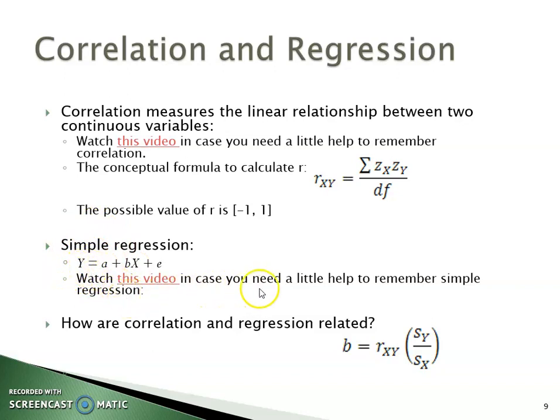And because regression is built upon correlation, the regression coefficient is related to the correlation between your dependent and independent variables. Here's the formula that shows as long as you know the correlation between the two variables and their standard deviations, you can calculate the regression coefficient.